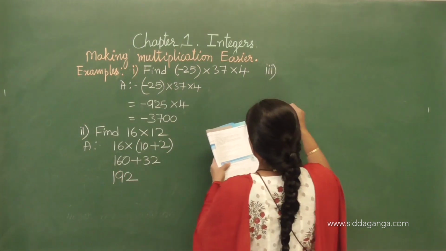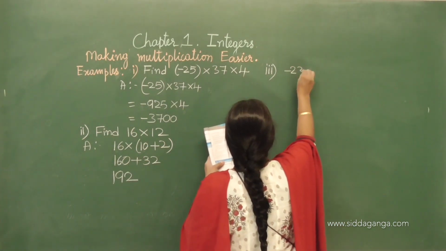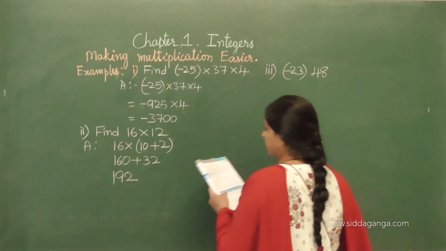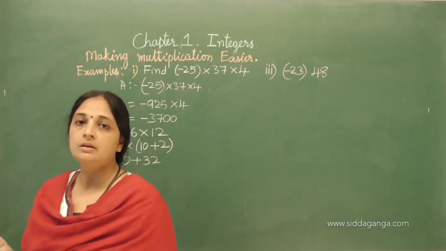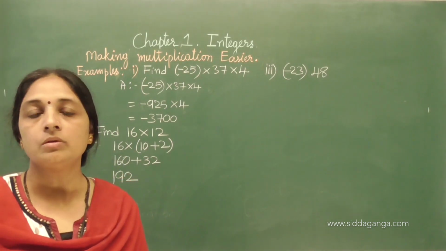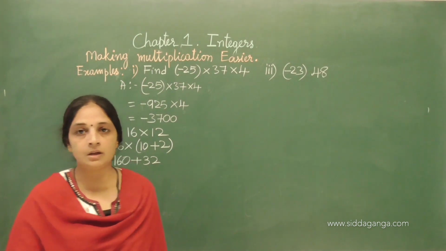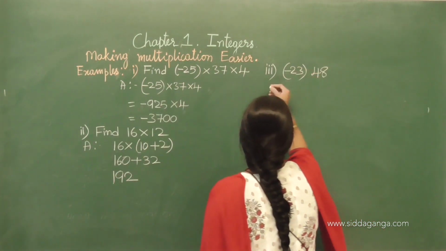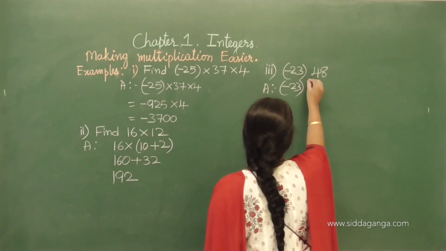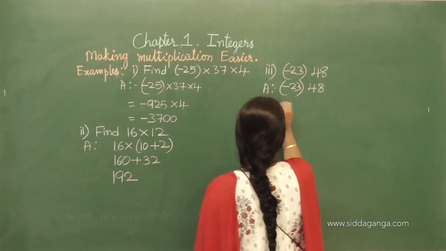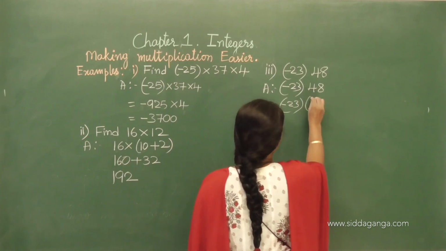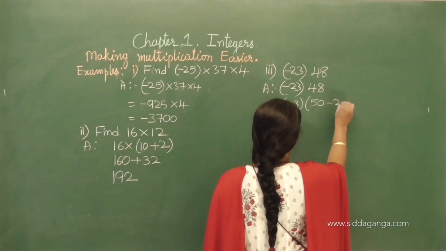Then the third example: minus 23 into 48. How can we write 48? You can take addition or subtraction, because both are true for integers. We can write minus 23 into 48 as minus 23 into 50 minus 2.